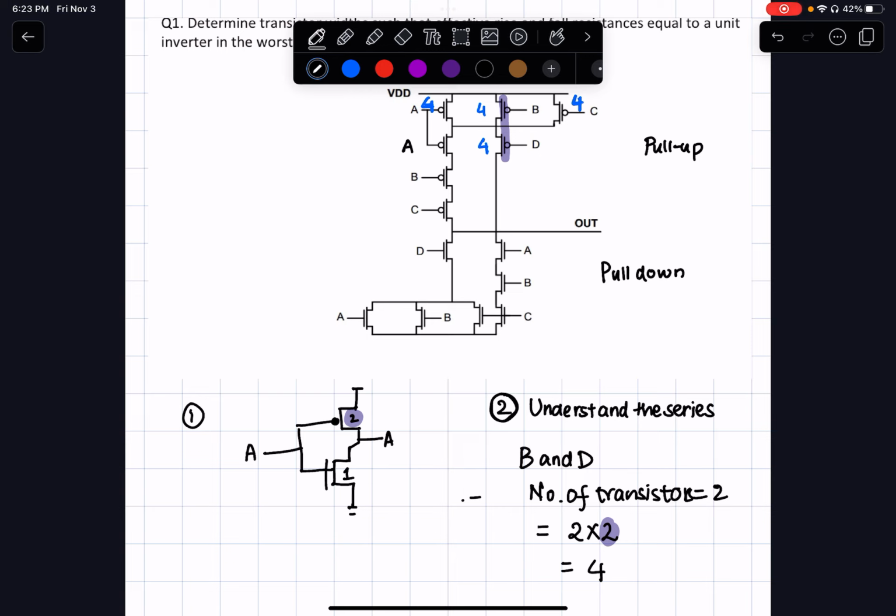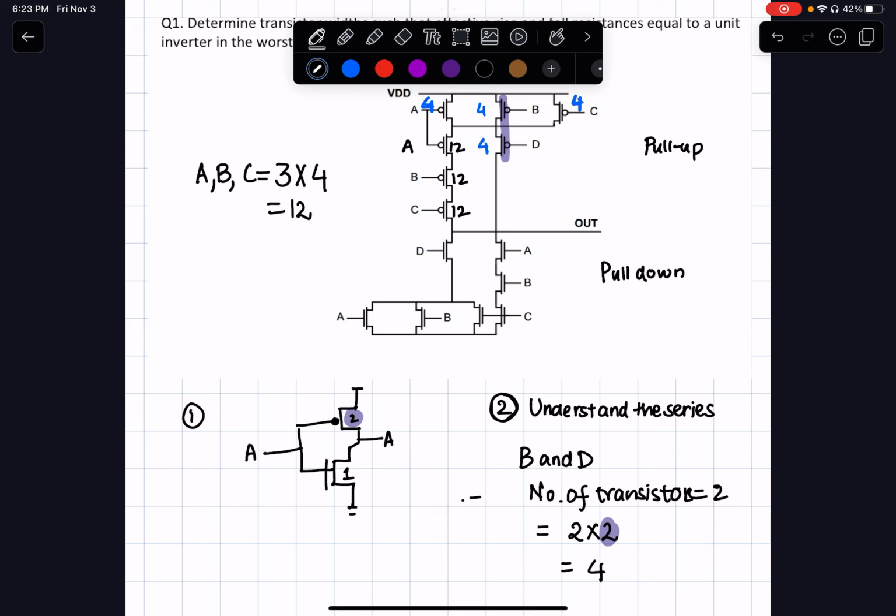But here the number of transistors is 3. So A, B, and C, there are a total of 3 transistors. So 3 transistors times 4 is 12. So here, A will be 12, B will be 12, and C will be 12.